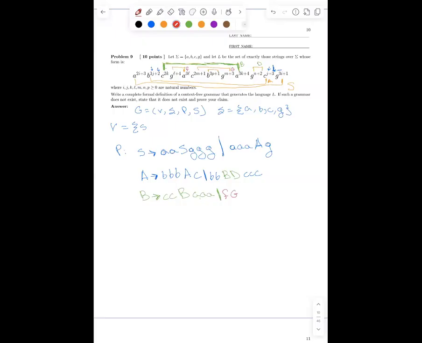I will either have FG, but you still need to end with 4 A's. Moving on with my F, then I can have 1 G. Again, I can have more. That's why I'm going back to F. And then I have 3 A's.